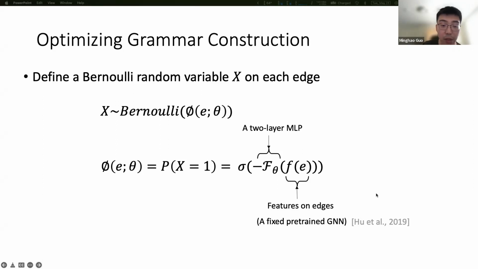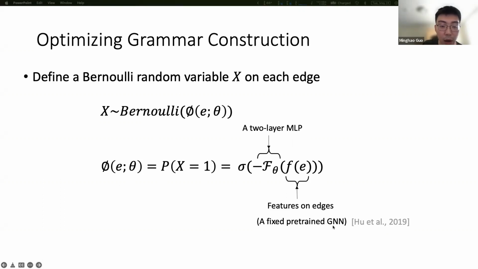We extract this feature using a pre-trained graph neural network, and it can be replaced by any other feature extractor. I think we have previously tried some manually designed features, like the number of nodes or some statistics on the graphs, and it works pretty well, but not as good as this graph neural network. In the overall optimization process, this MLP is learned.